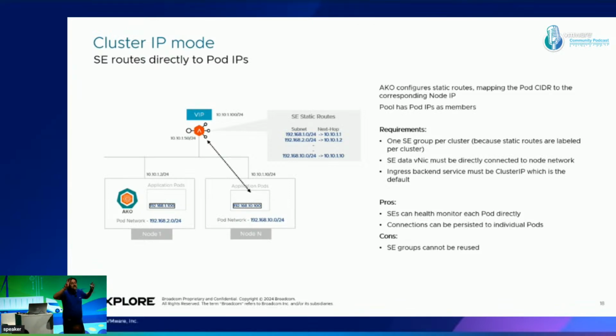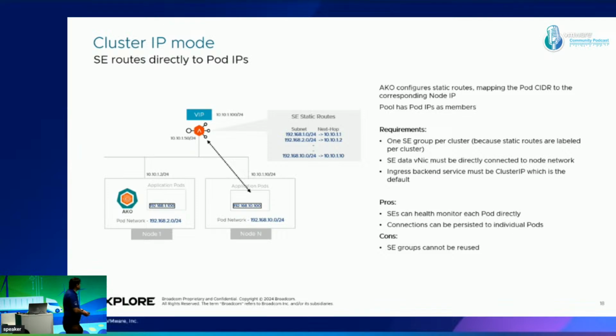The pod network is an abstraction running inside the Kubernetes cluster, but you have the IP address of the worker. So you see in AKO the automation to create static routing inside the load balancer, so that this pod, this pod, this pod is reached through the worker IP.